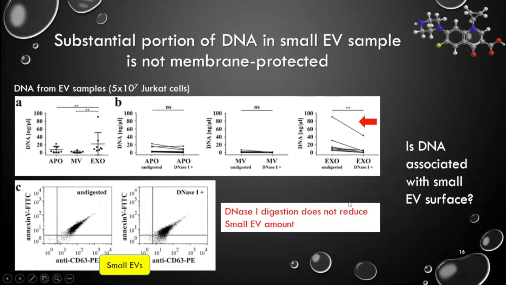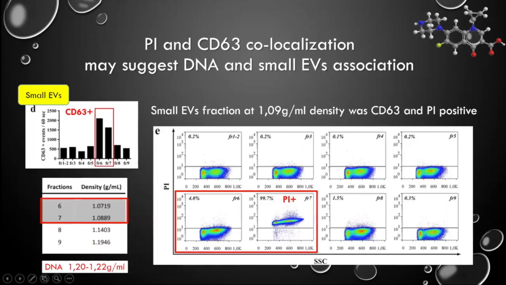So, is DNA associated with the small EV surface? To start answering this question, it's nice to know whether PI and CD63 are actually co-localized or not. The authors applied the Optiprep density gradient for the small EV population, keeping in mind that DNA classically appears in the density gradient in the fraction of 1.21 to 1.22 gram per ml.